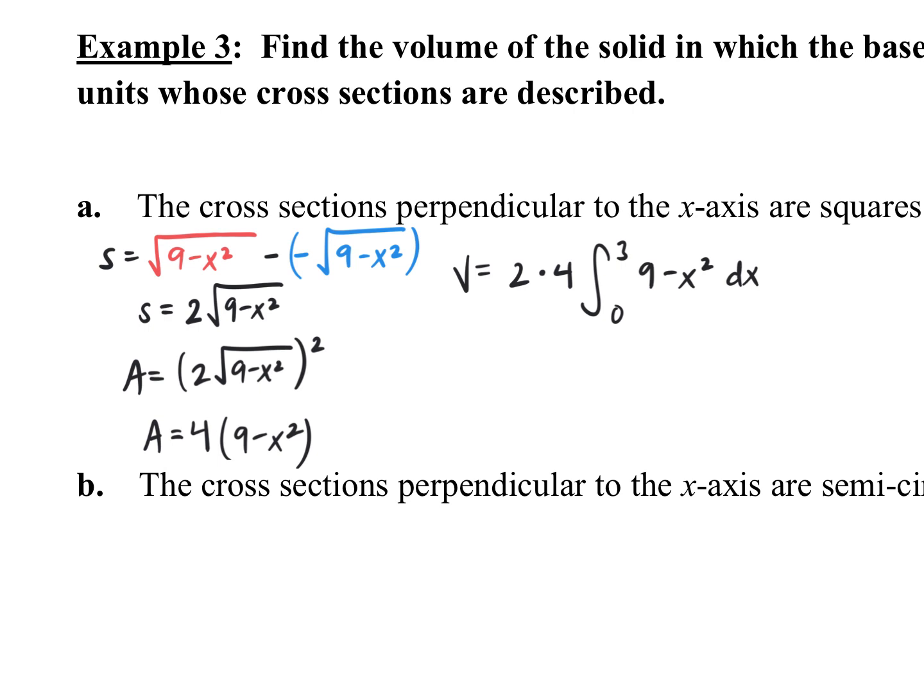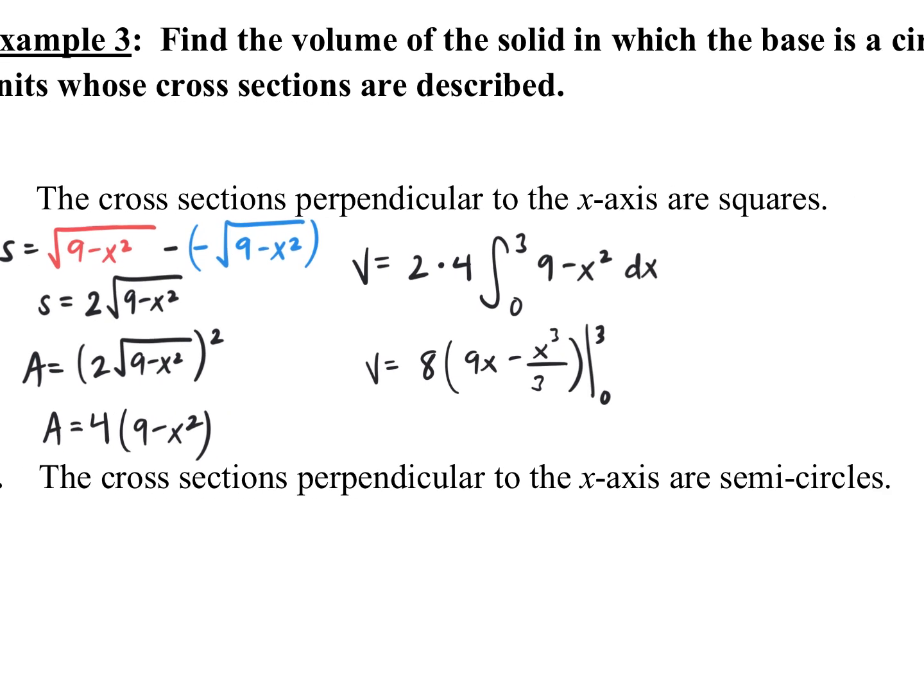Let's go ahead and evaluate this one by hand. So this is going to give me 8 times the integral of 9, that would be 9x, minus x, not squared, but x to the 3rd power divided by 3. And we're evaluating that at 3 and 0. The nice thing about 0 is when I plug that in, what am I going to get? 0, right? So we just got to correctly plug in 3.